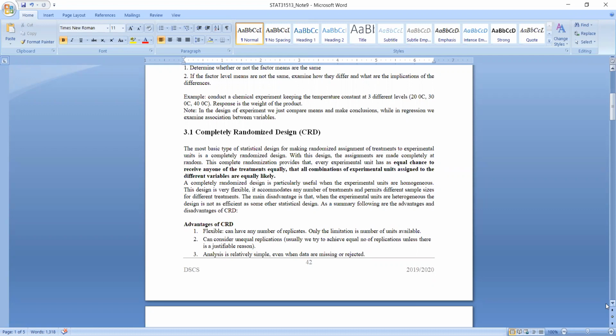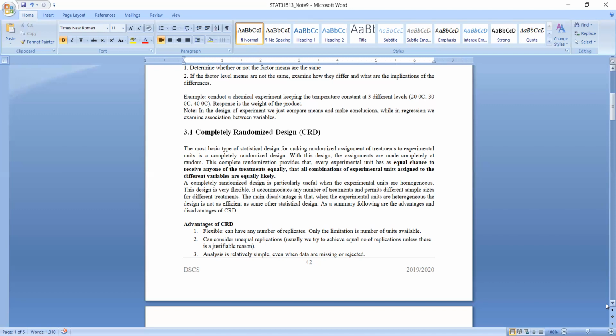When you take fertilizer 1, it's not a must to have 5 under that, and for fertilizer 2 it's not a must to assign 5 plants to make the replicates equal. If you want, you can assign 3 replicates to fertilizer 1 and 7 replicates to fertilizer 2. So the number of replicates under each treatment can be different.